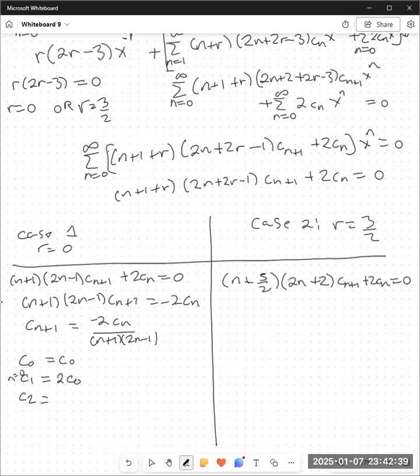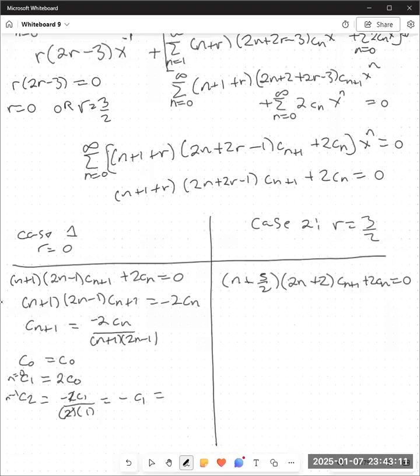When n equals 0, this is negative 2c0 over 1 times negative 1. So that makes it 2c0. When n equals 1, here, this is negative 2c1 over 2 times 1. So that's negative c1, which is -2c0. There we go.